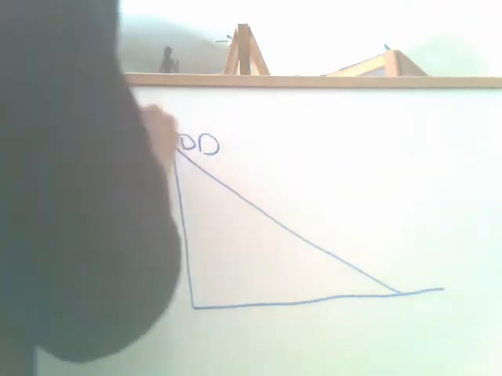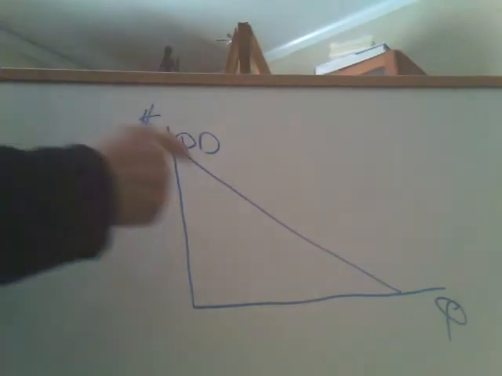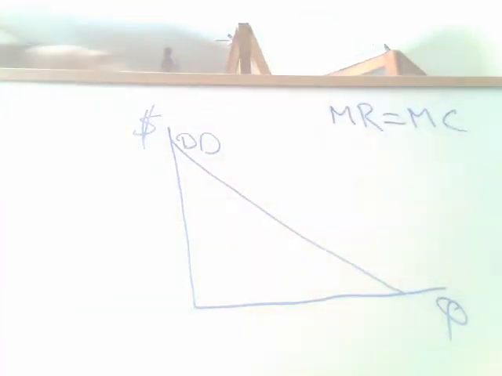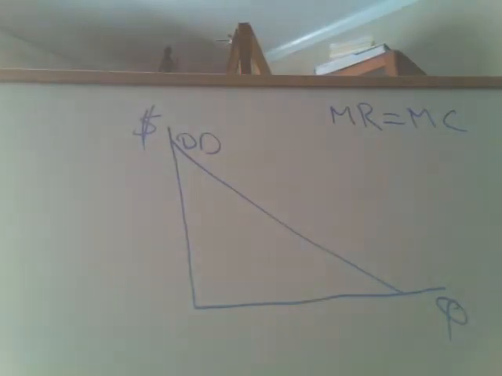You will normally have a demand curve, and the point of equilibrium is always when marginal revenue is equal to marginal cost. It isn't difficult to have a marginal cost.